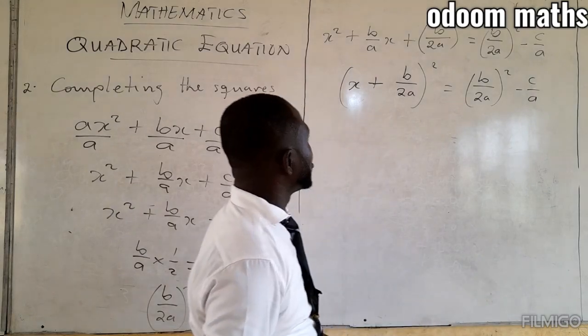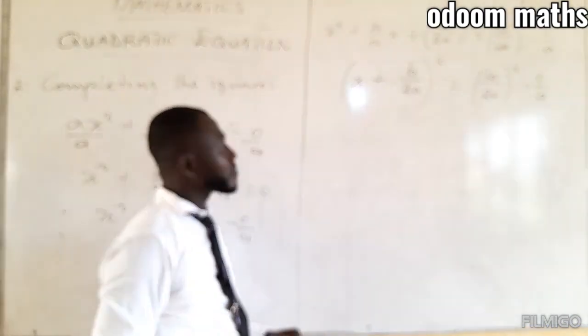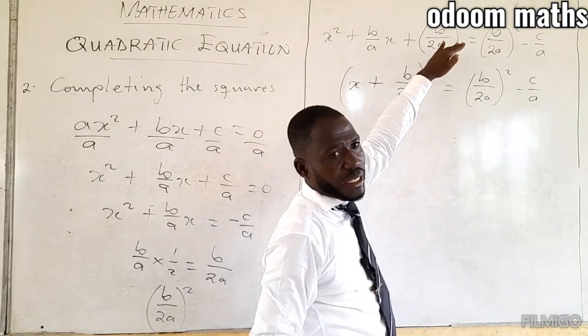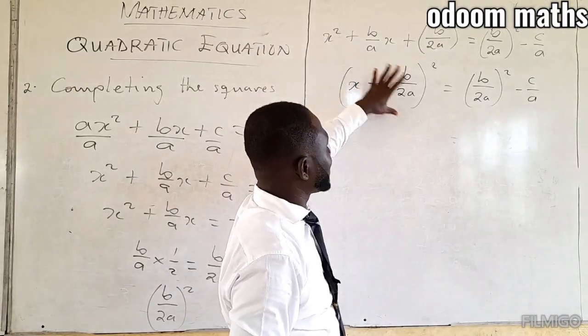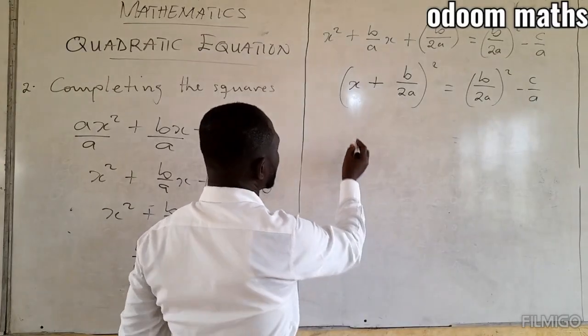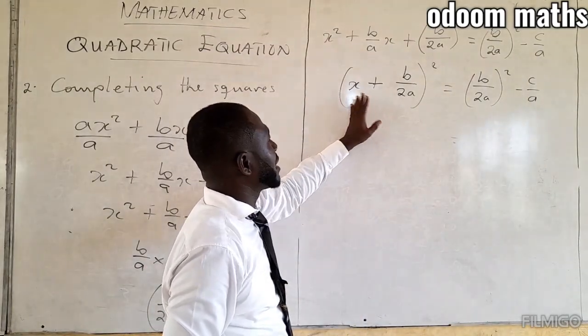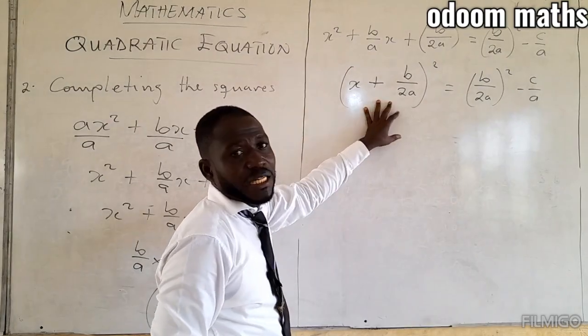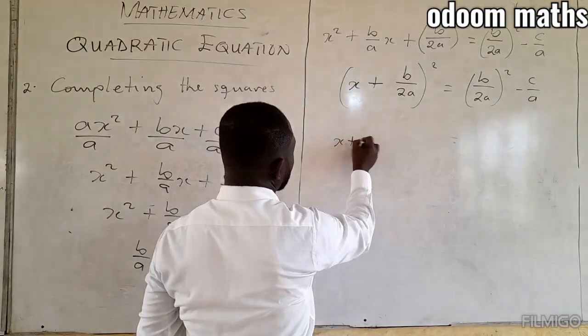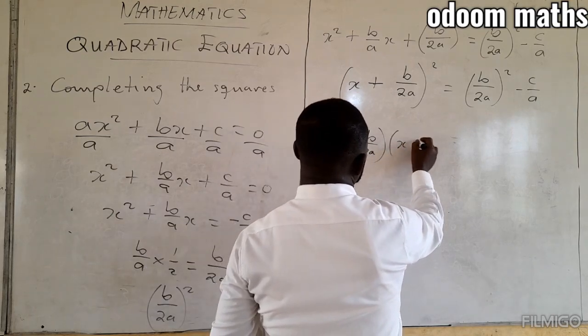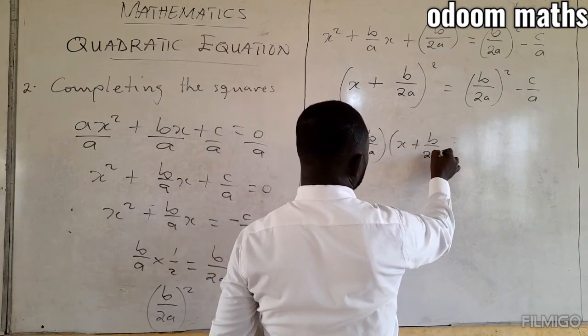Okay. From here, let me expand this to see whether I'm going to get this one. Expanding this is just like multiplying it by itself 2 times. So x plus b over 2a and then x plus b over 2a.